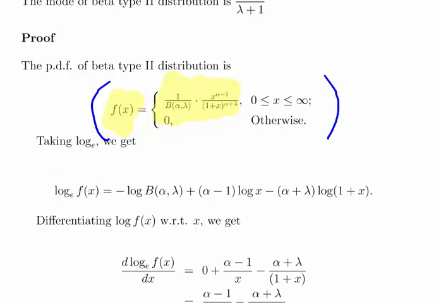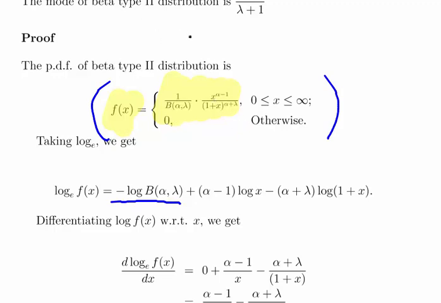Anyway, the 1 over the beta of alpha and lambda can be expressed as follows: minus log of beta of alpha and lambda. Remember it's 1 over the beta function, so using log laws, that becomes minus log.